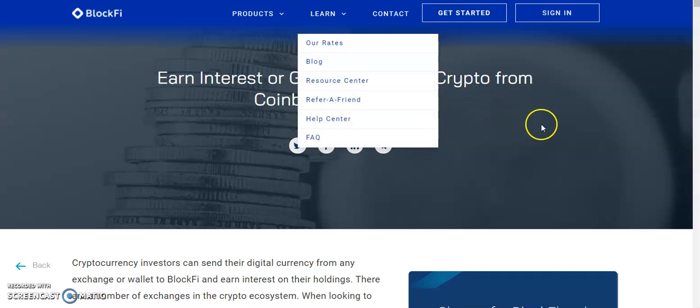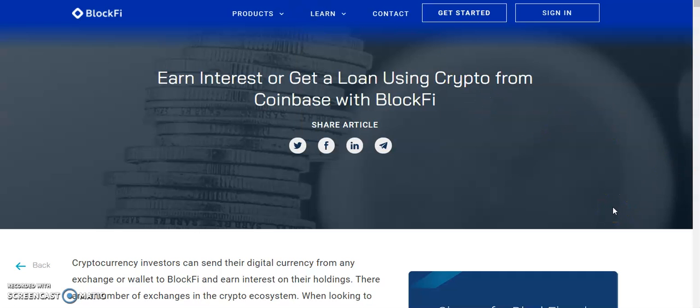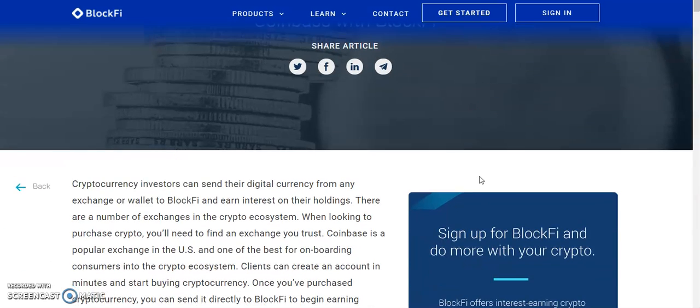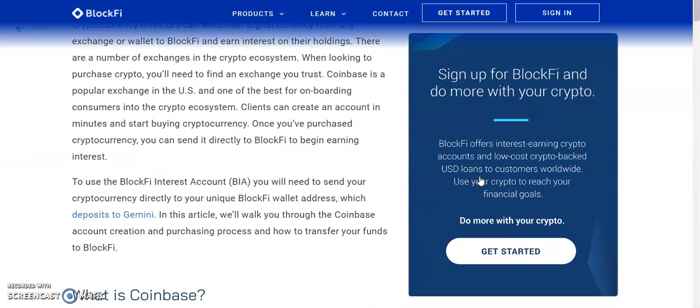Moving on, interest. Now, I know you guys are probably sick of hearing me talk about BlockFi, but nobody does what I'm doing: getting paid in the crypto that you want to get paid in, in your interest account. And I just recently purchased some more Ethereum.